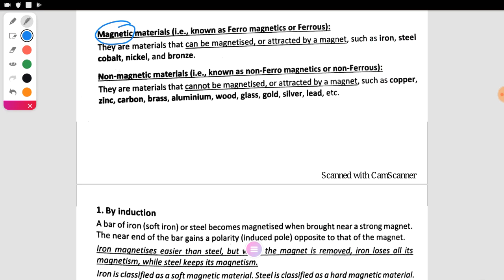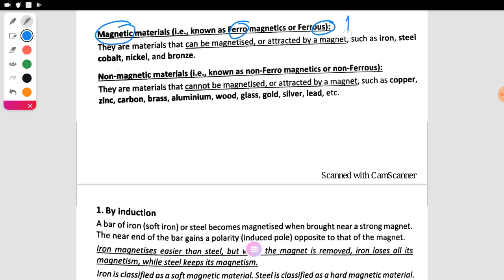Magnetic materials are ferromagnetic or ferrous, due to the presence of unpaired electrons in each atom.